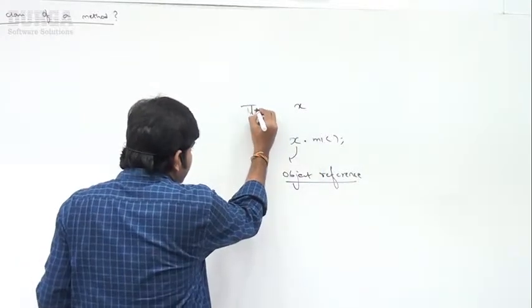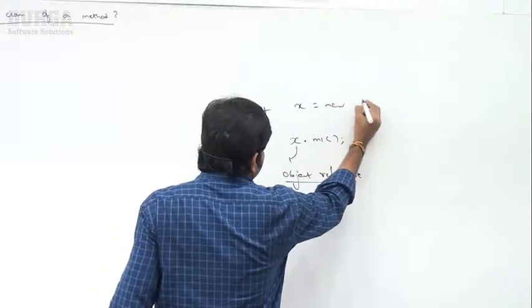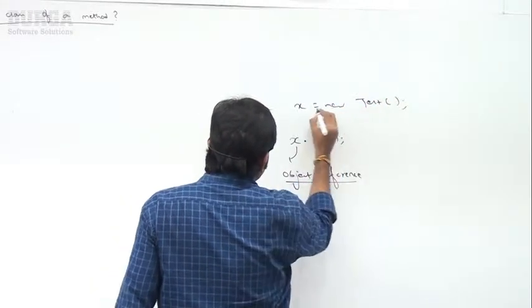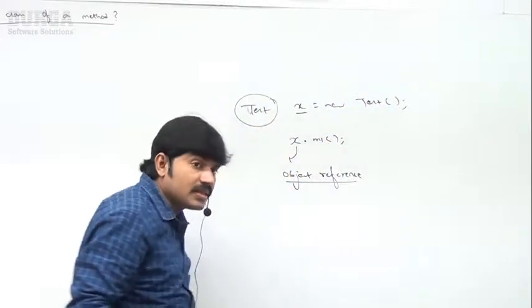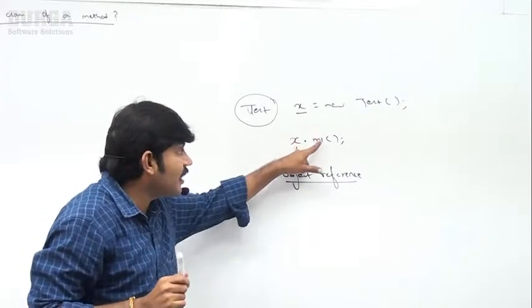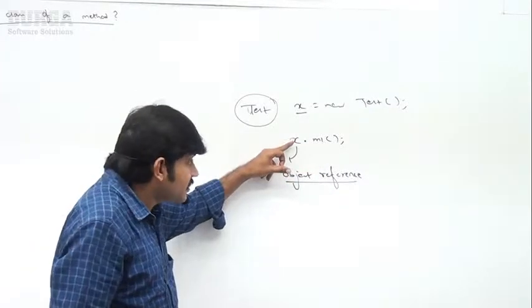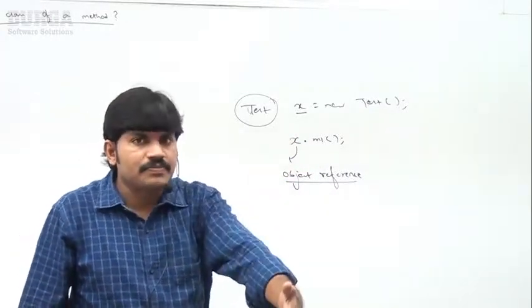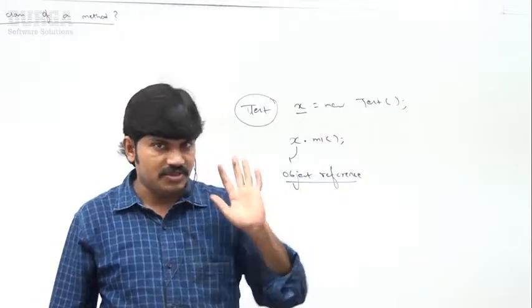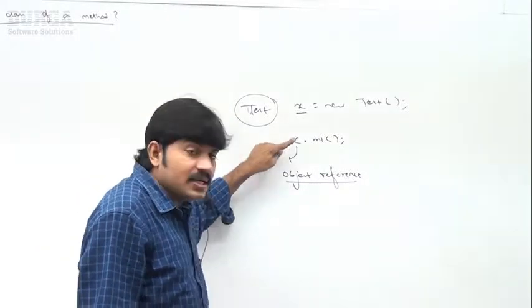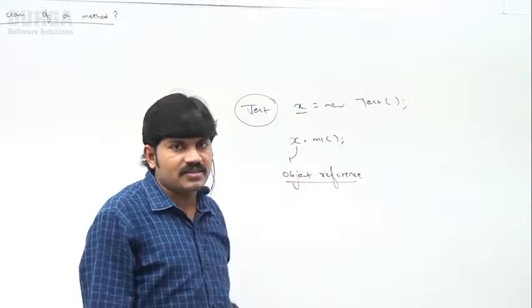If x is Test type, then the Test class contains the m1 method. If x is Student type, then the Student class contains this method. If x is Customer type, then the Customer class contains that method.